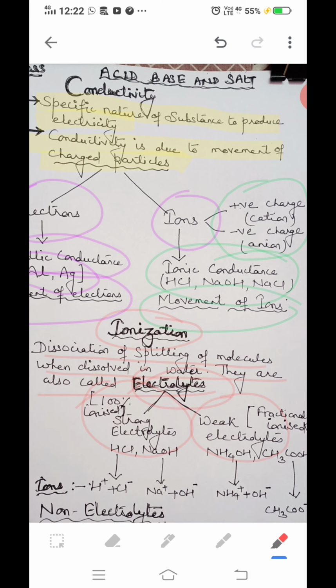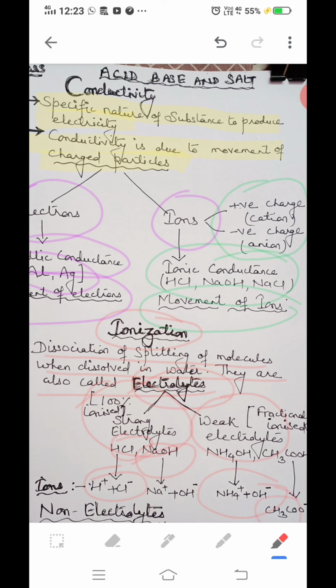So here you can see some examples of strong electrolytes like HCl and NaOH. They are producing cations like H+ and Na+, and Cl- and OH-, the negatively charged particles. In case of weak electrolytes also, you can find here that ammonium hydroxide is furnishing the cation ammonium and the OH- ion, and acetic acid also gives acetate.